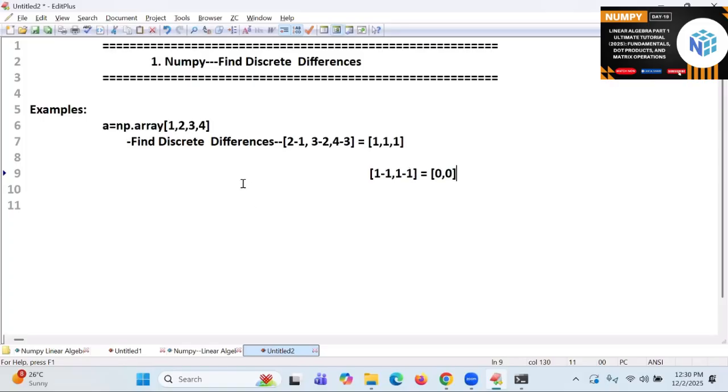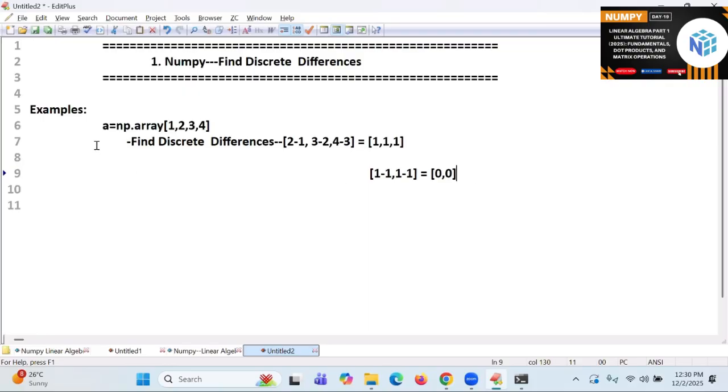So what does this indicate? The parameter indicates that two times you are finding the discrete differences. By default, it will find one time only. If you mention the parameter, it will find that number of times. There is no meaning in finding the third time discrete difference; it is 0 only. Are you following me?